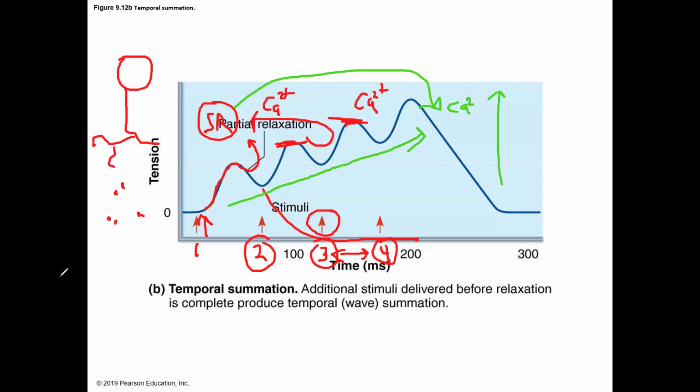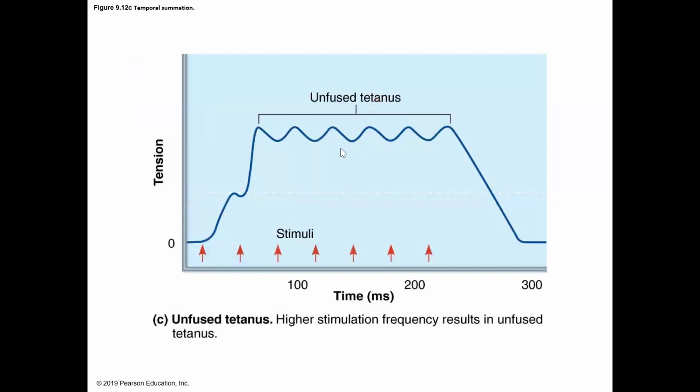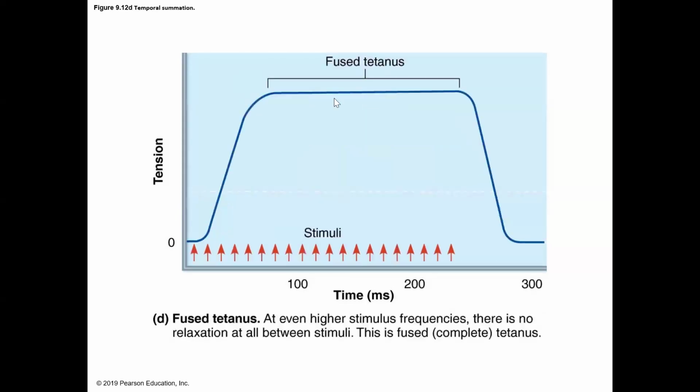At some point in time, you're almost going to get all the calcium released out of the sarcoplasmic reticulum. So here, the arrows indicate that you're increasing the frequency of neurotransmitter release to get more and more calcium out of the sarcoplasmic reticulum, till eventually you get the maximum amount of calcium released out of the sarcoplasmic reticulum, and then that's going to give you the maximum amount of tension produced by the muscle.